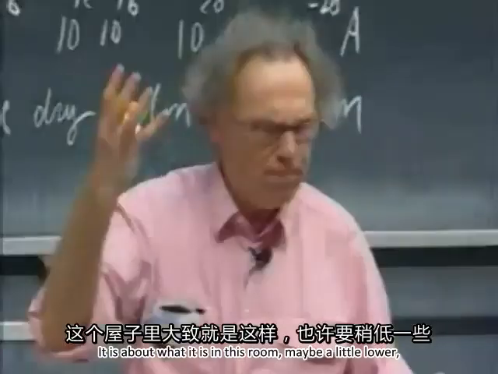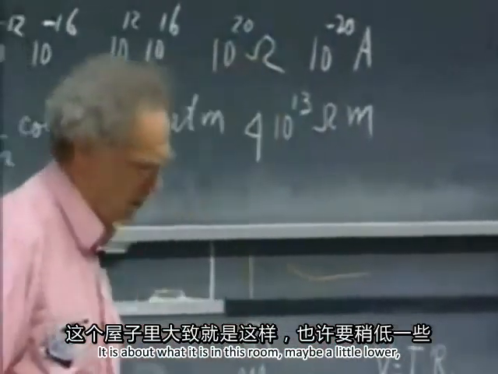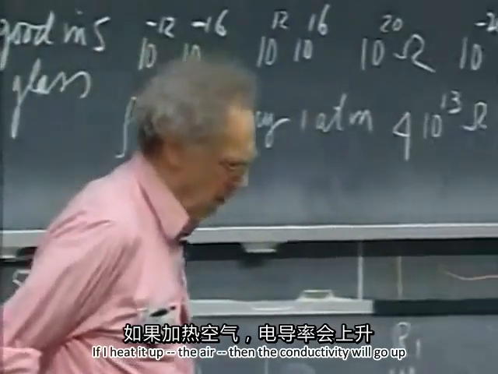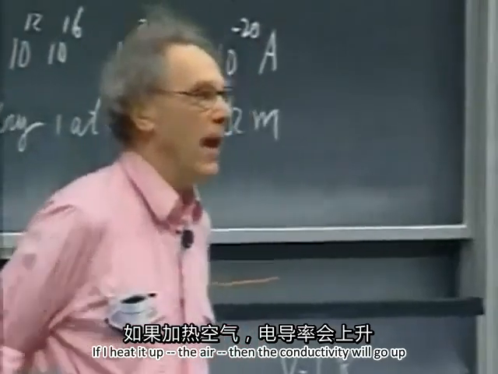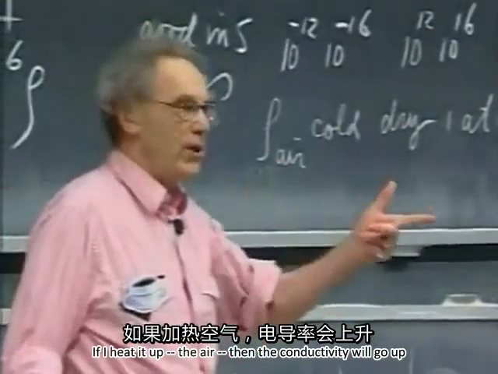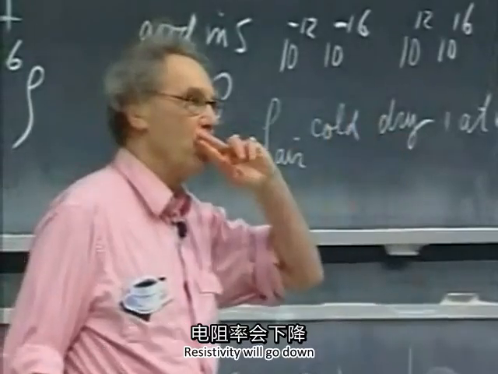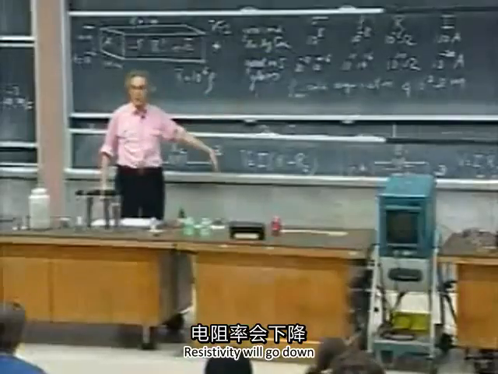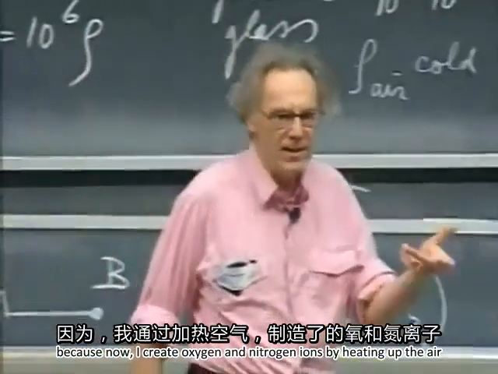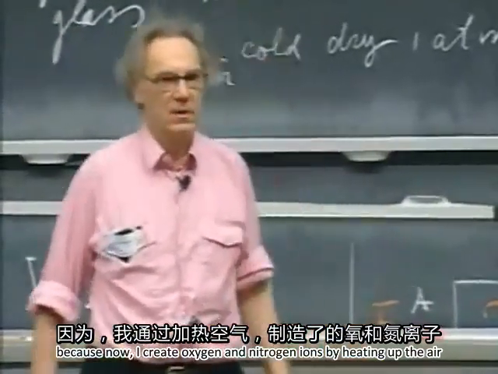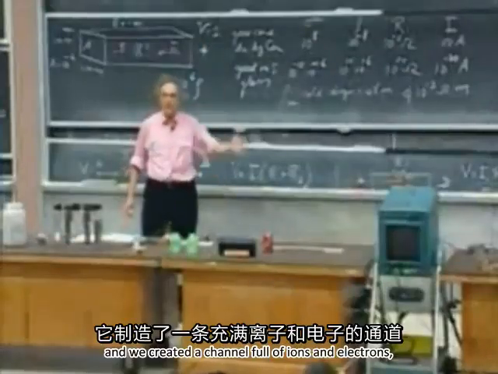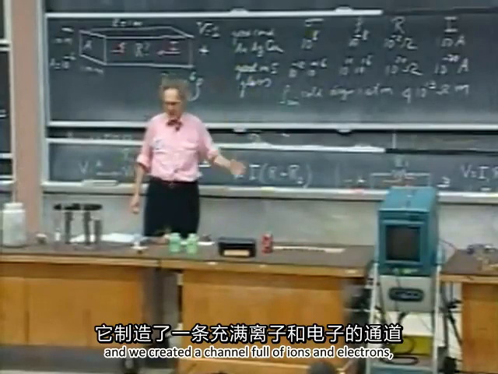It is about what it is in this room, maybe a little lower because the temperature is a little higher. If I heat up the air, then the conductivity will go up. Resistivity will go down, because now I create oxygen and nitrogen ions by heating up the air. Remember when we had this lightning, the step leader came down, and we created a channel full of ions and electrons.